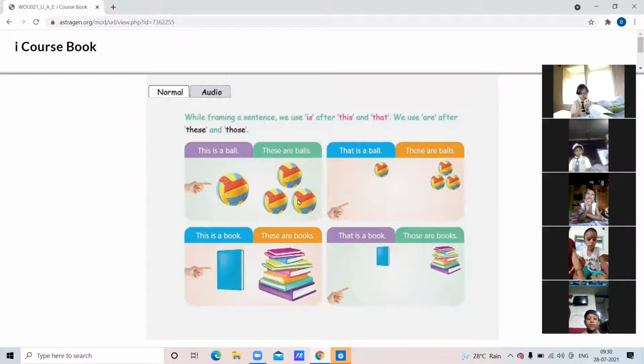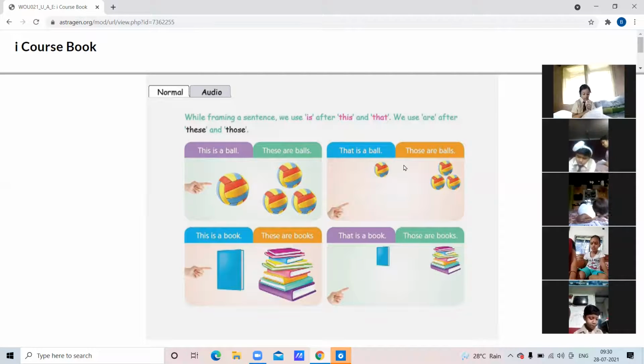Good morning. Read, Saina. Read out. This is a ball. That is a ball.